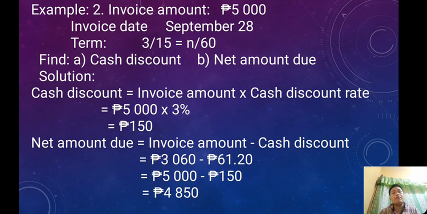That is 5,000 minus 150, so the net amount due is 4,850.